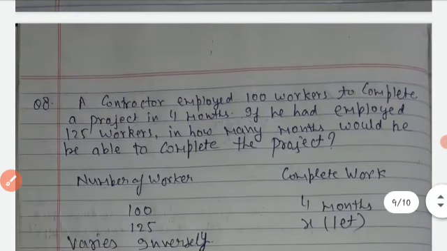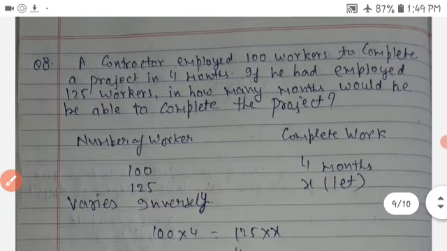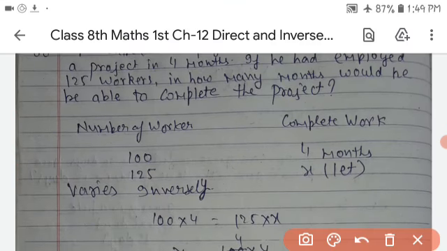Now question number 8. A contractor employed 100 workers to complete a project in 4 months. If he had employed 125 workers, in how many months would he be able to complete the project? The number of workers is 100 and they complete the work in 4 months. With 125 workers, suppose it takes x months.